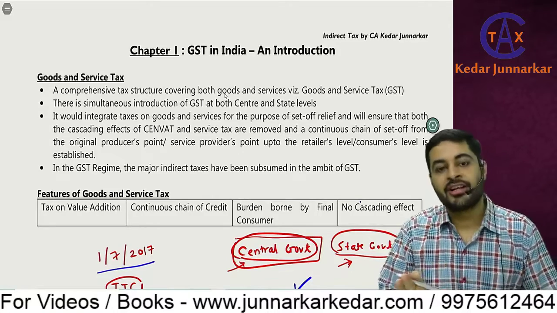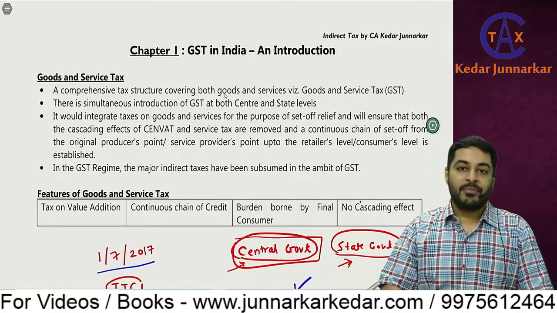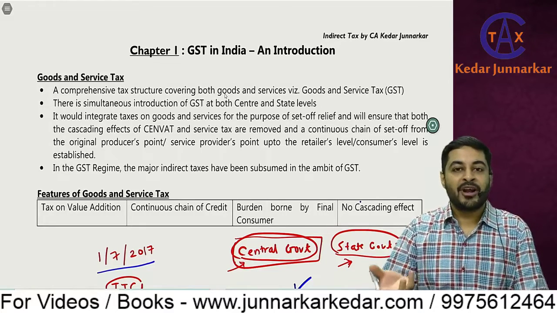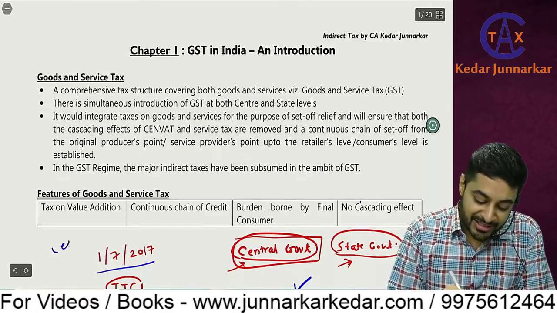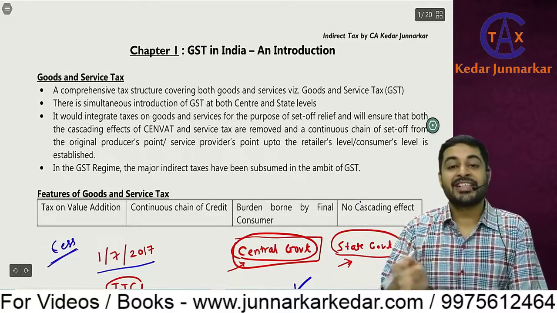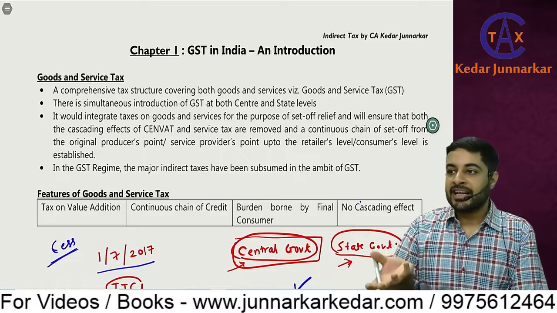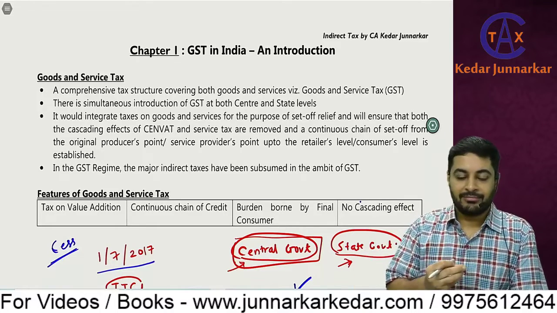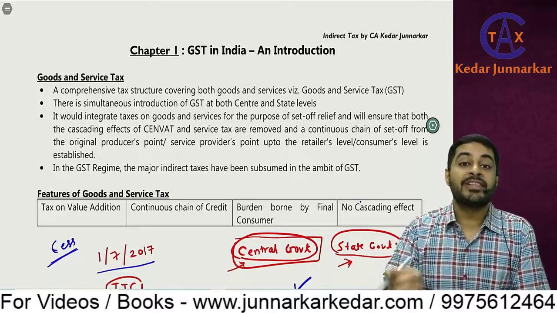That formula is not in our syllabus. But from where will the government give compensation? The government does not have additional money. So it will collect a tax called compensation cess. This we will also study. Cess means a tax for a specific purpose. It is collected from suppliers and given to the state governments to compensate their loss.